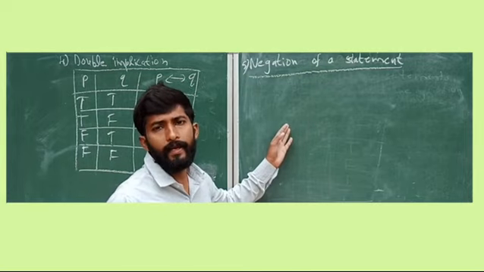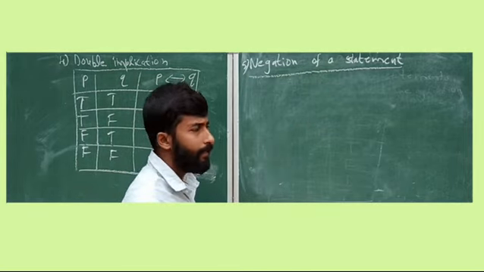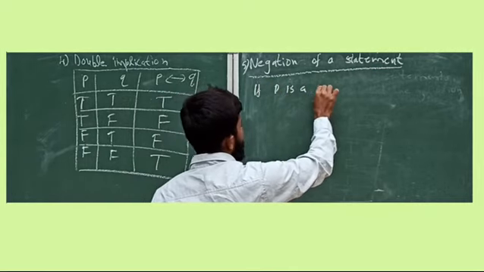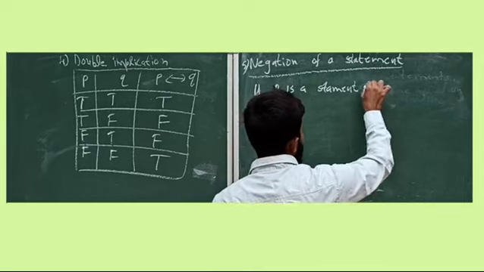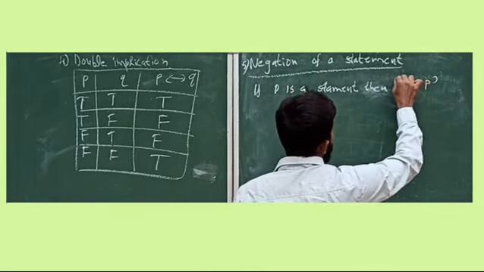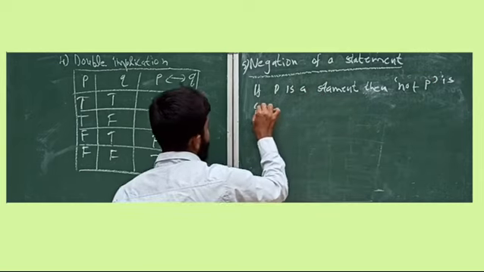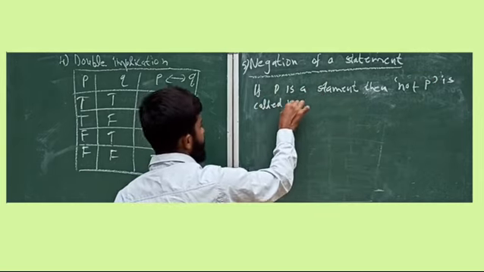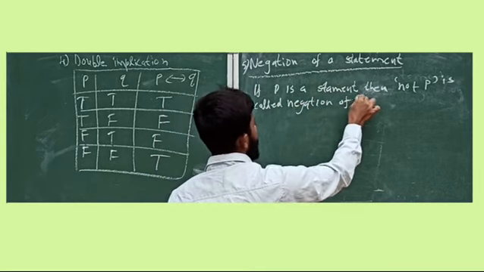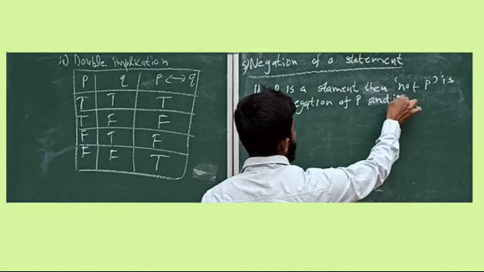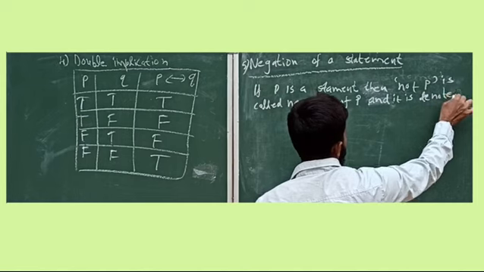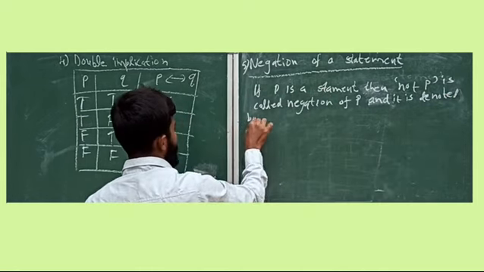Next, very important, negation of a statement. See the definition. If P is a statement, then not P is called the negation of P, and it is denoted by this symbol.